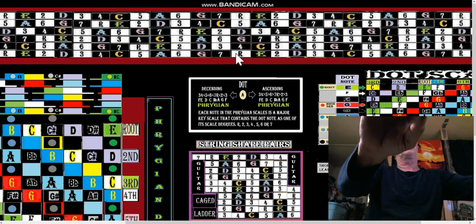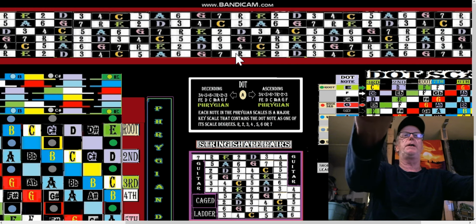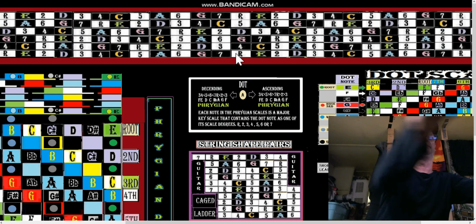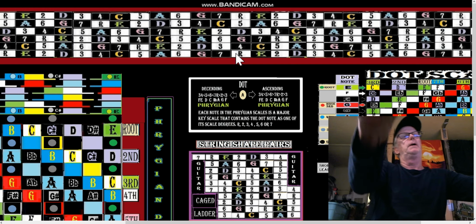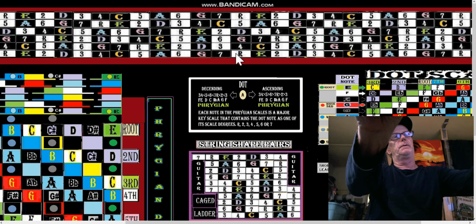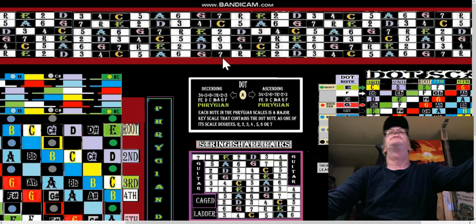It can be the 6th, but it can also be, so we got our A minor 6 here, and then we have the parent scale, which is at the root here. So that's why I have so much fretboard. Root, 2, 3, 4, 5, 6, 7, root.